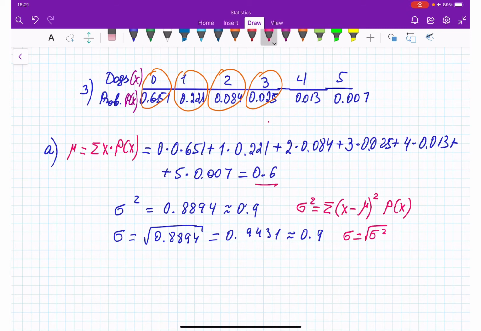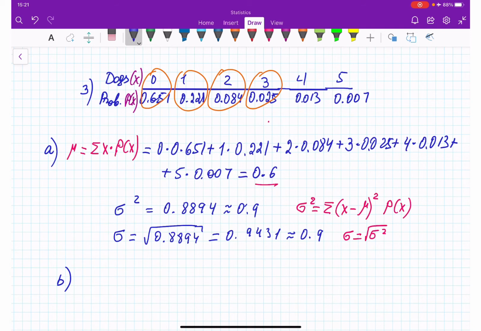Moving to the next question. Wait, we have another question. As part B, we need to do an interpretation of the result. That's a good point. Very good point. So what can we say here?